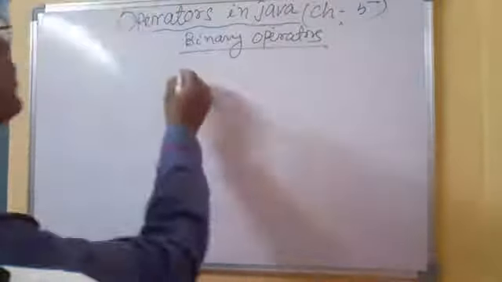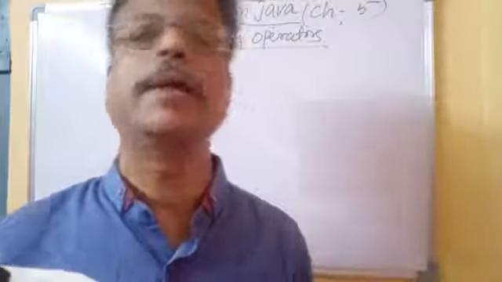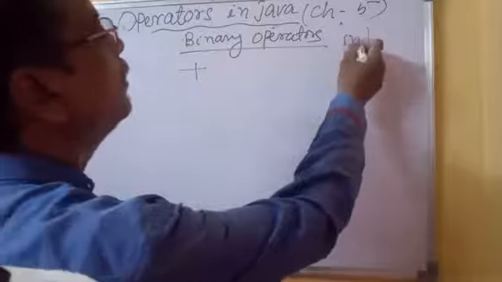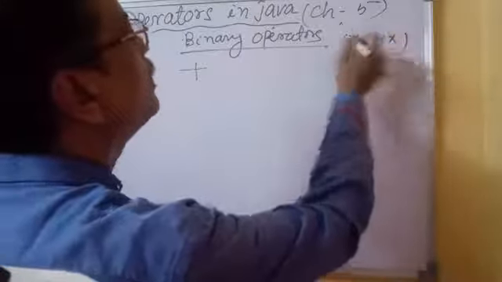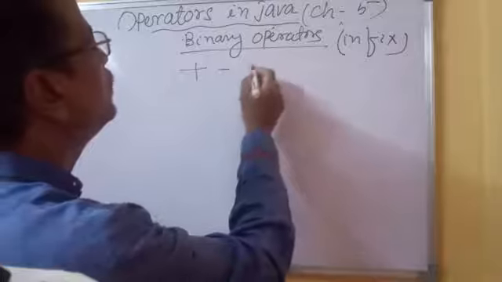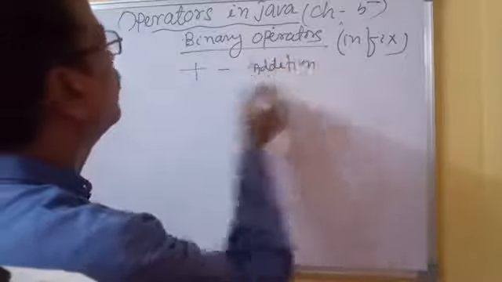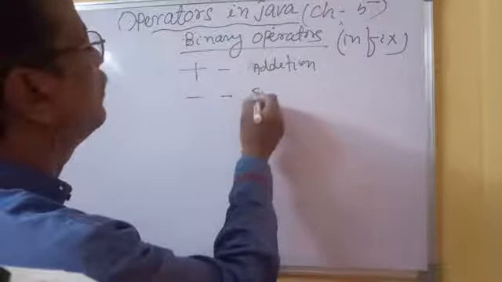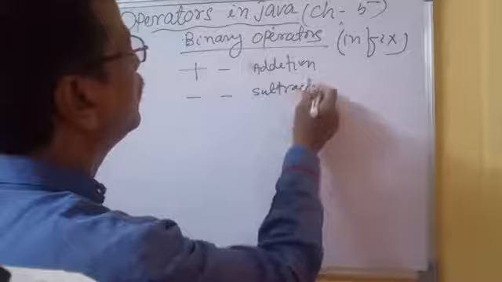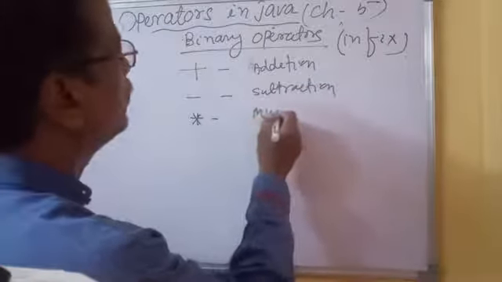Plus is also a unary operator, and it is also a binary operator. Both ways you can use it. It can be written in infix notation, remember, infix notation. Plus is for addition. Minus is for subtraction. Asterisk symbol is for multiplication.